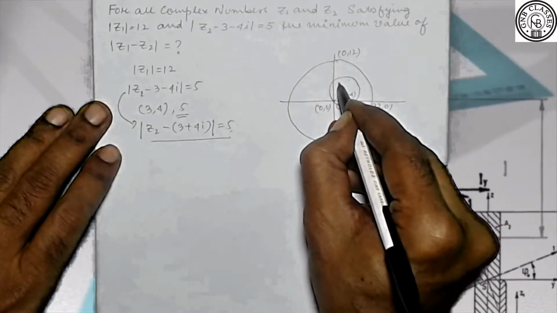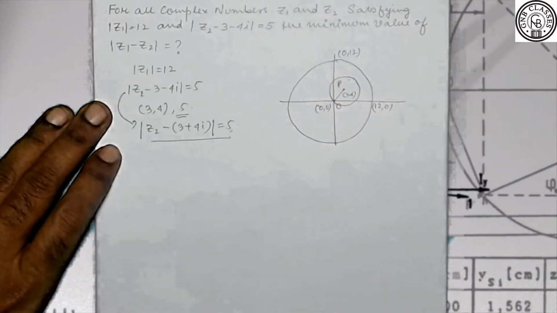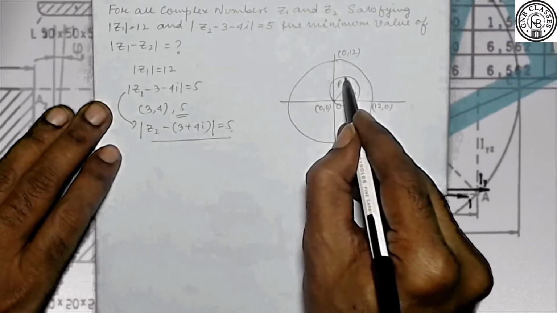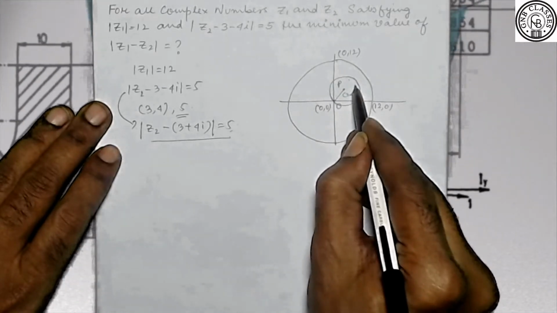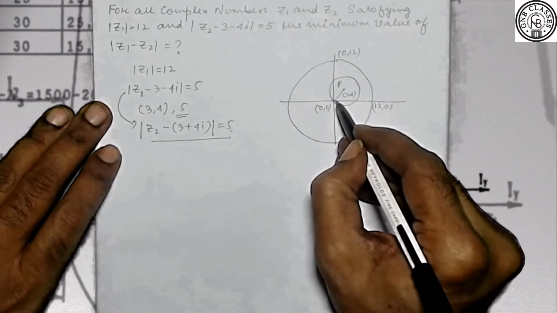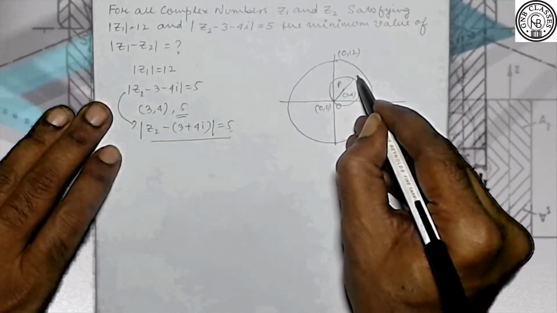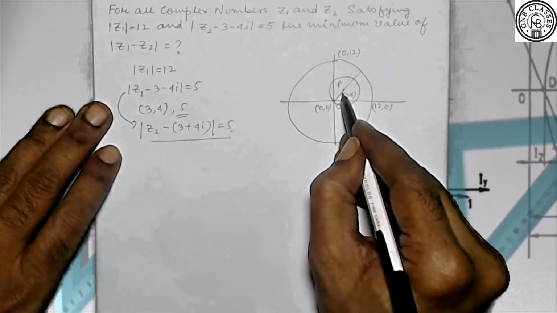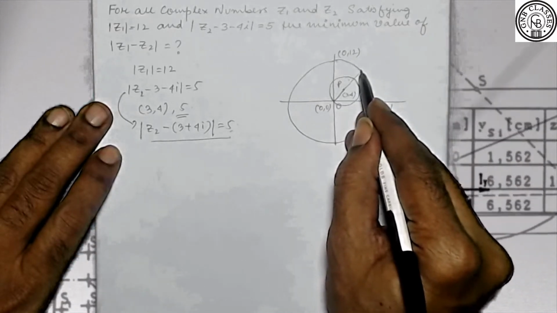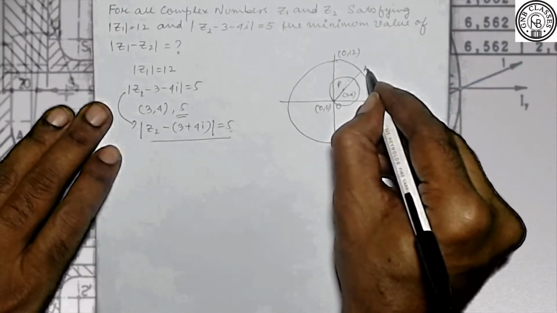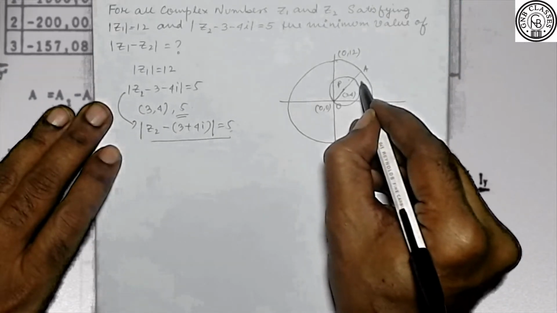Let the center of the second circle be P and z2 is lying anywhere on the circumference of this circle. Now, if we join OP and produce it, let us say it is intersecting the first circle at the point A and the second circle at the point B.